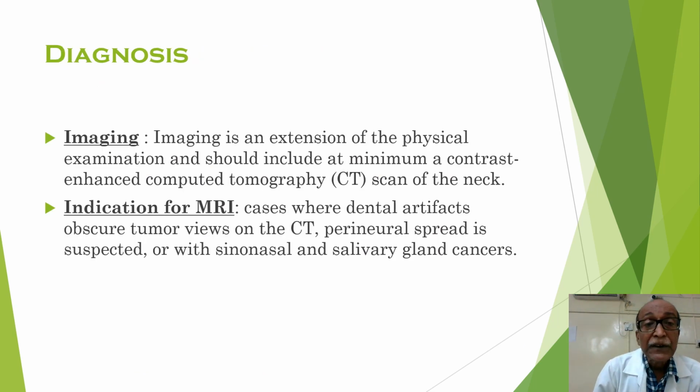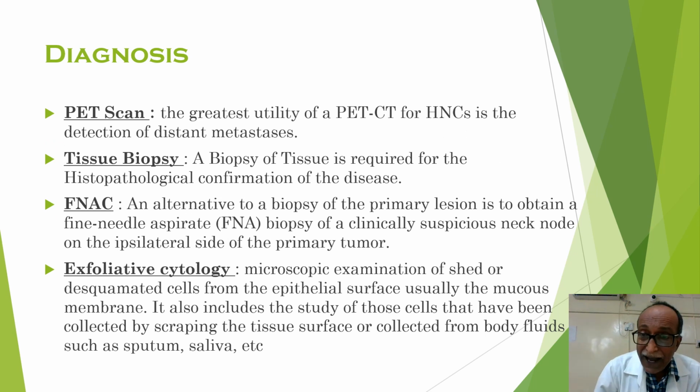After history taking and physical examination, both systemic and local, we go for investigations. Most important investigations are imaging investigations. I will not go into details of it. They can be plain X-ray, computed tomography scans, MRI scans, or PET scan.